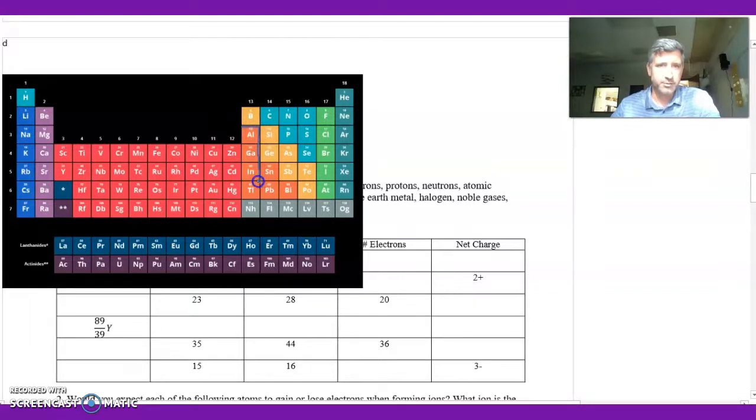Gallium and indium are always +3. Cadmium and zinc are always +2. Silver is always +1. So those guys we would call transition metals, but we would not put Roman numerals next to their names when we're naming them.